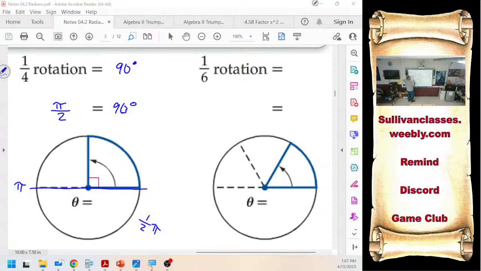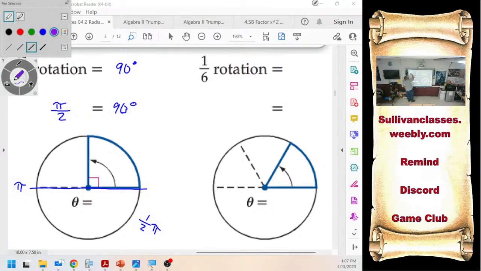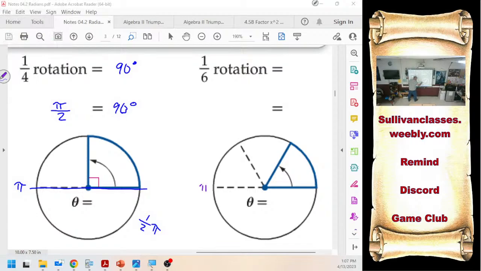If I say 1/6 of a rotation, again, use the idea that this is pi. 1/6 of a rotation, what's 1/6 of 360? 60. So 60 degrees is 1/3 of the way to pi.